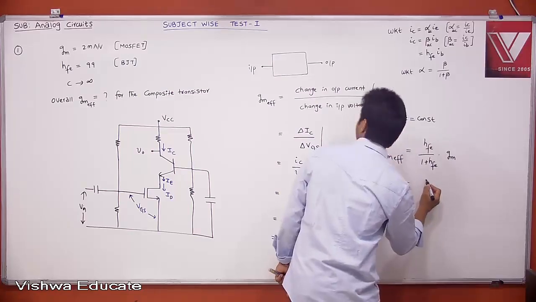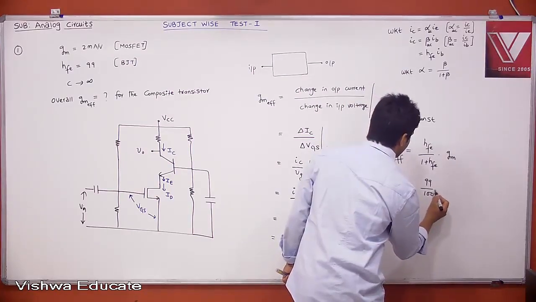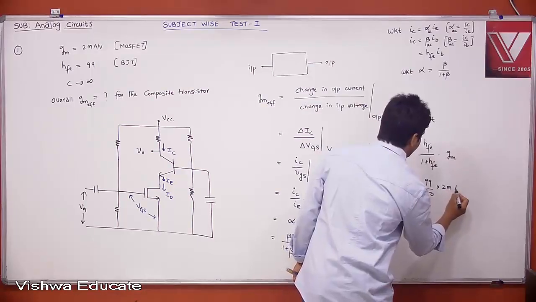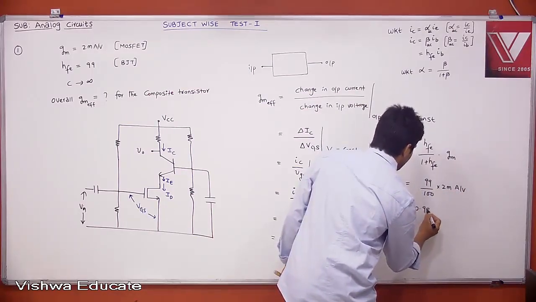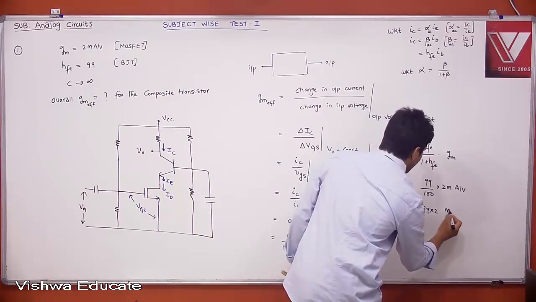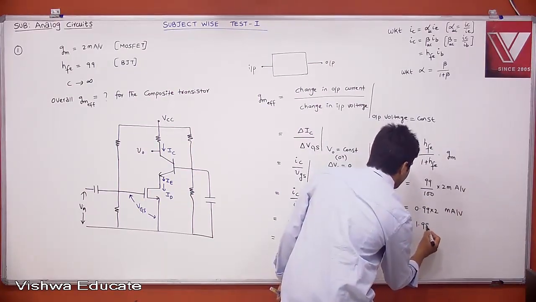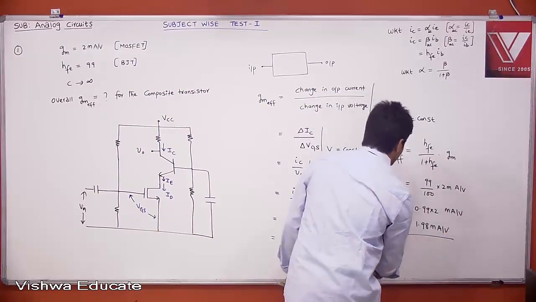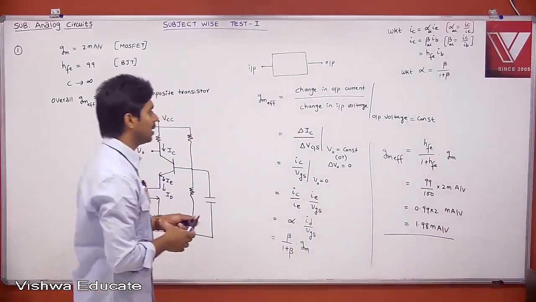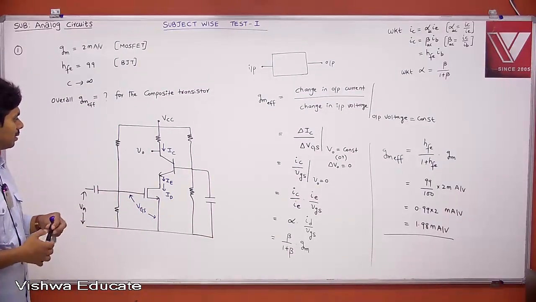Therefore, given HFE, it is 99 divided by 100 into 2 milliampere per volt, which is 0.99 into 2 milliampere per volt, which is nothing but 1.98 milliampere per volt. Strictly speaking, your GM effective is approximately equal to the GM of your MOSFET. That you can say. Okay, that's fine.